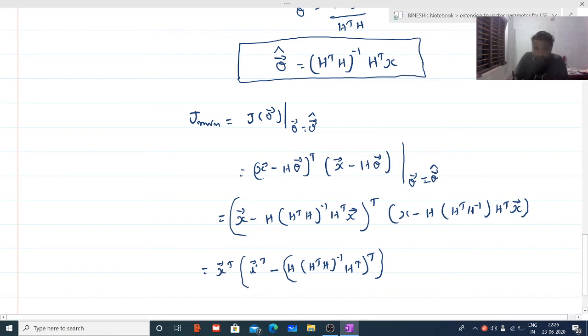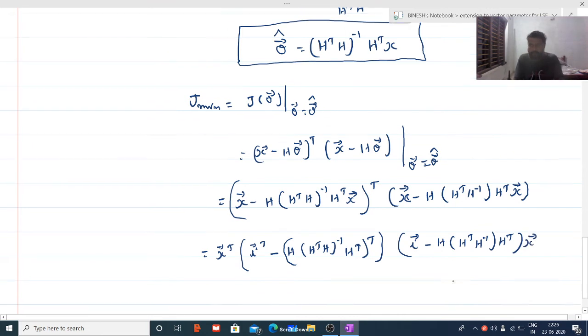That's okay, clear. And the other term also I will take just like that, taking x outside, so it will be I minus H into H transpose H inverse H transpose into x.